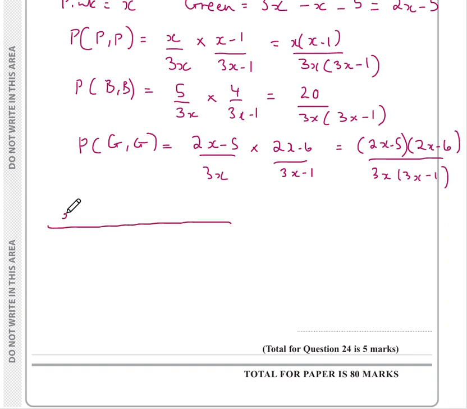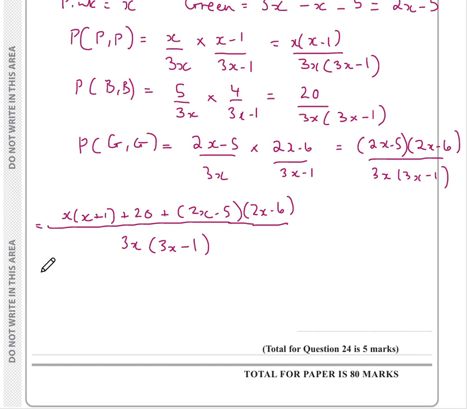So I'm going to have x times x minus 1 plus 20 plus 2x minus 5 times 2x minus 6, and that's divided by 3x minus 1.